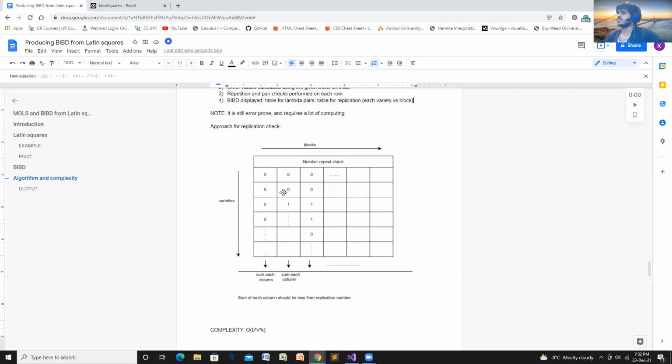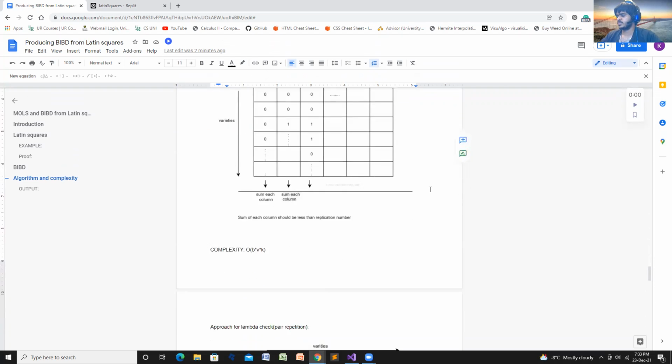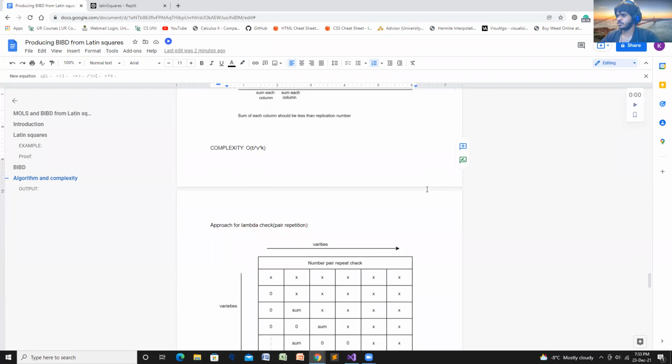If the sum is more than the replication number, then that means the condition is not being met. Or it could be the total sum of each row. Maybe we'll have to check that again.